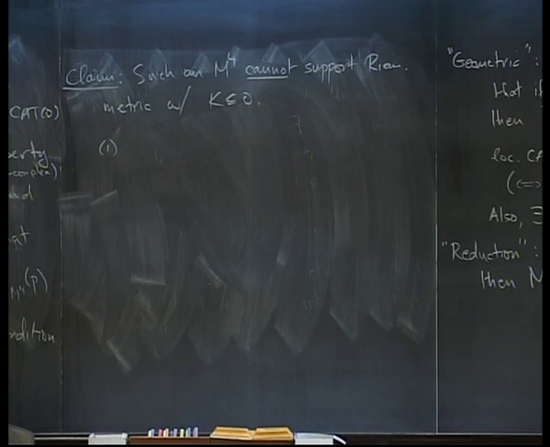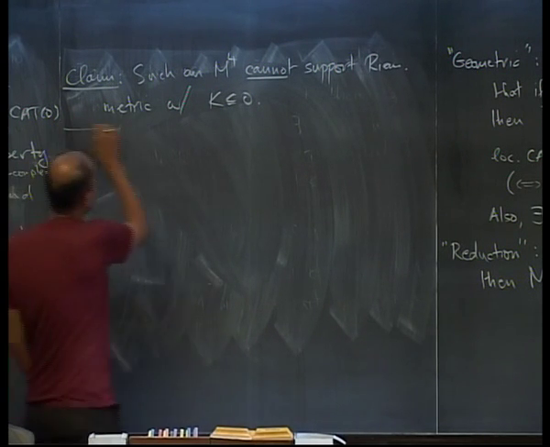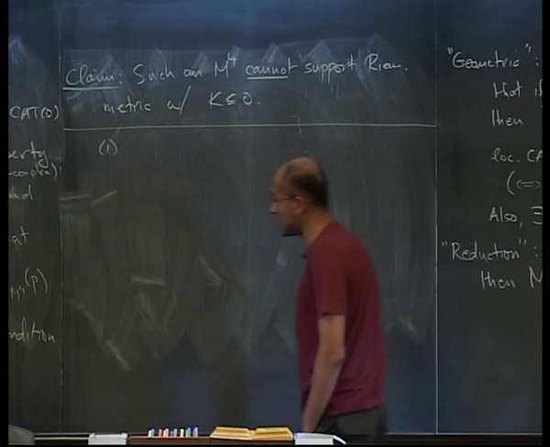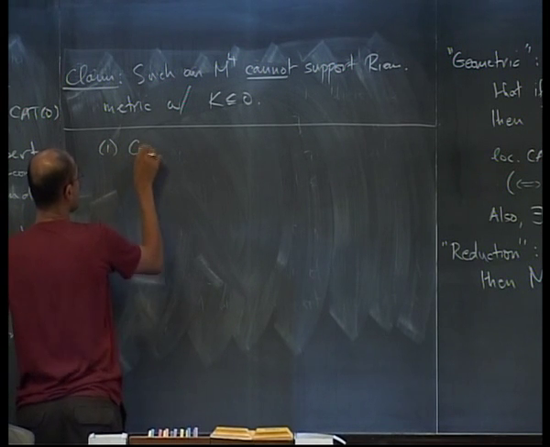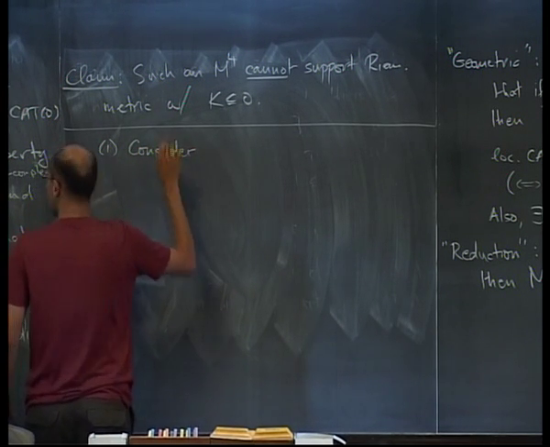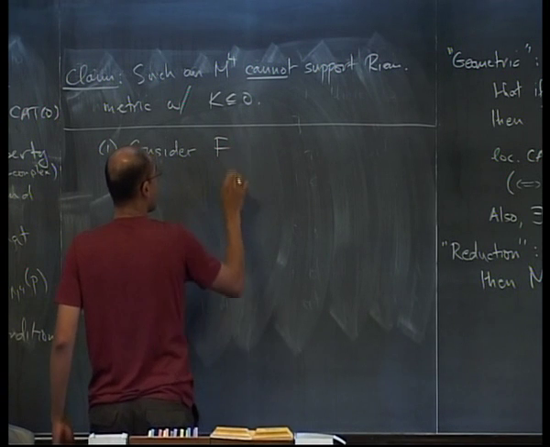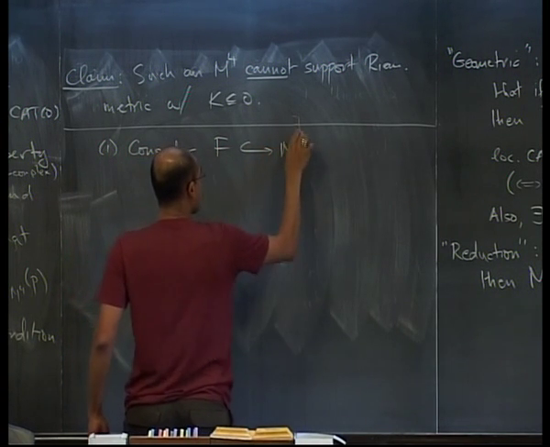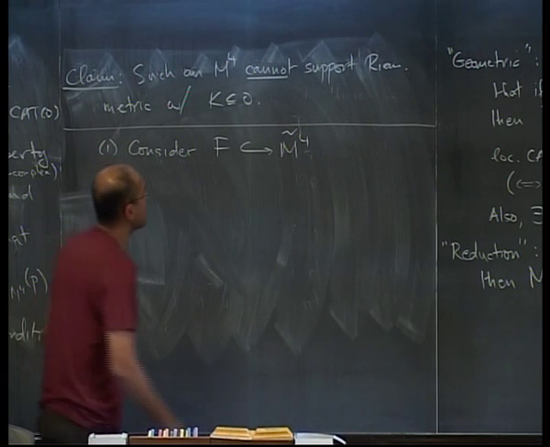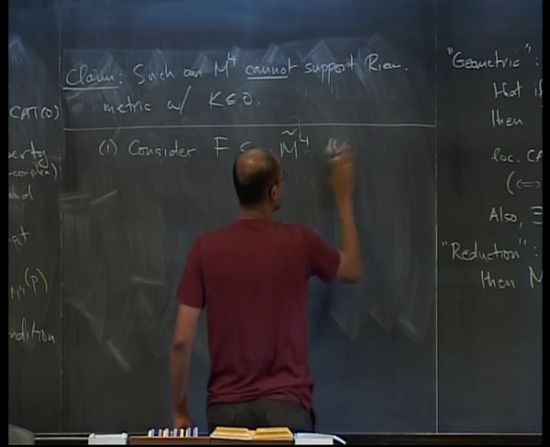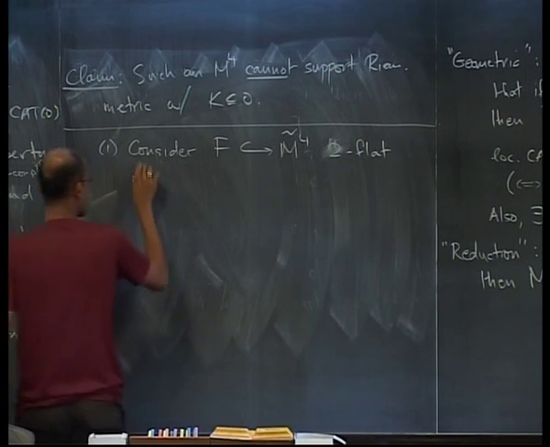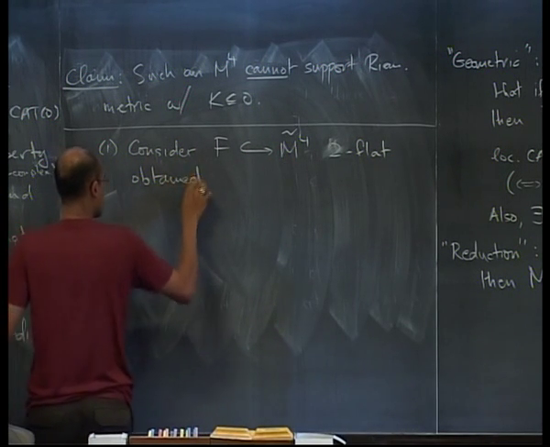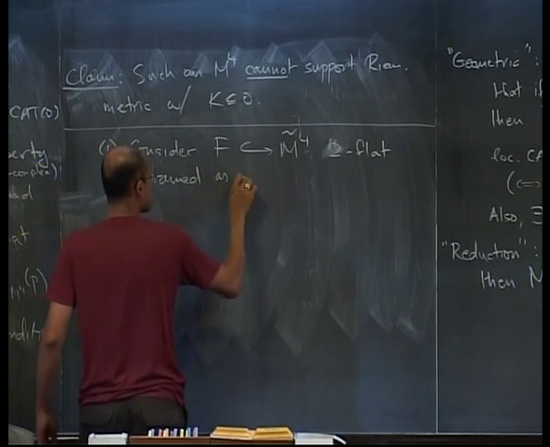The first step is you can look at a lift of this torus, which gives you a flat in the universal cover. Consider F inside M4 tilde, the 2-flat obtained as a lift of this torus.